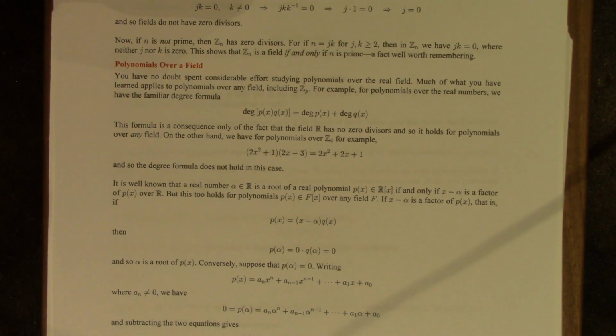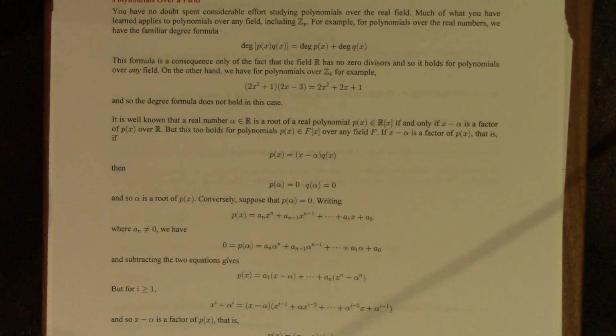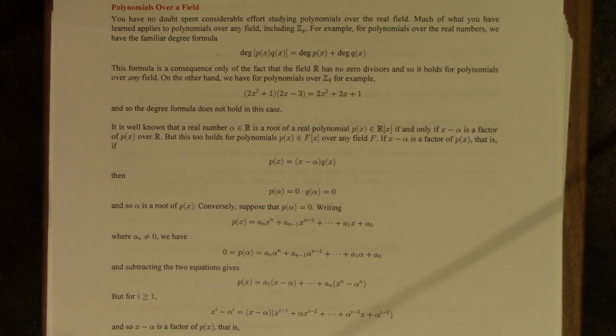Okay. Now we need to look at polynomials over arbitrary fields. You've undoubtedly spent considerable effort studying polynomials over the real field, and much of the properties that you've learned for real polynomials actually applies to polynomials over any field, including Zp, primarily because there are no 0 divisors.